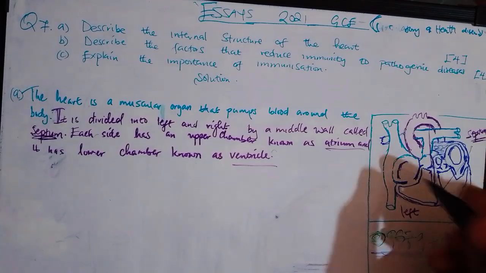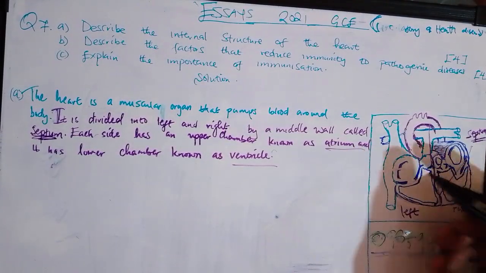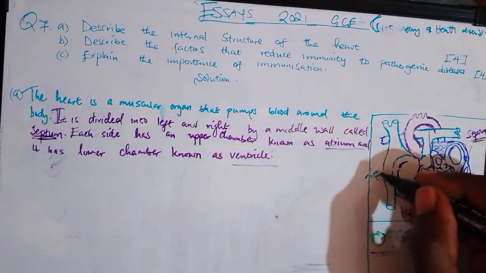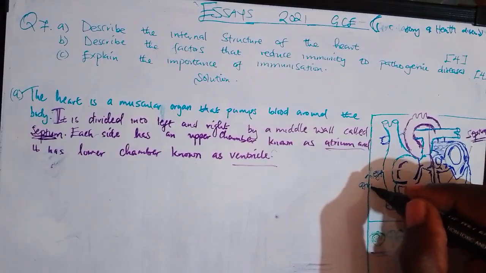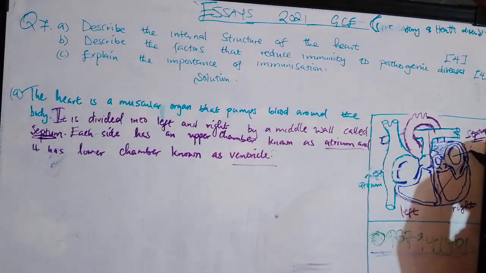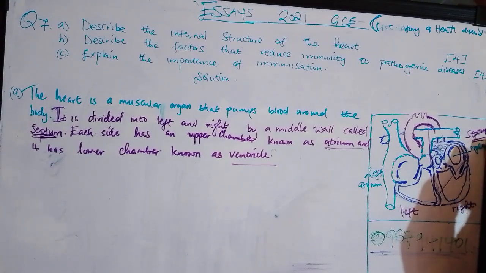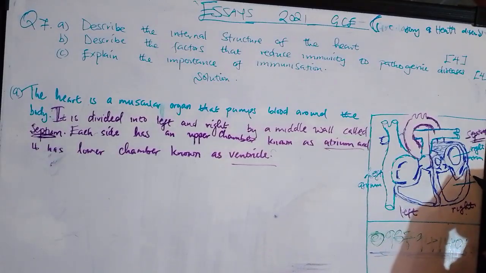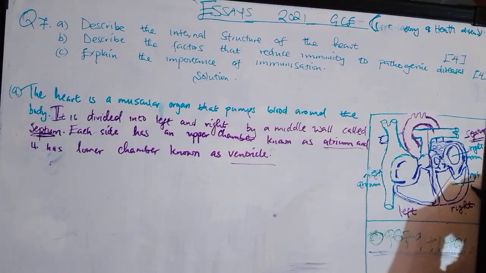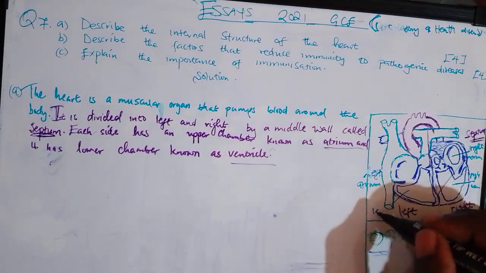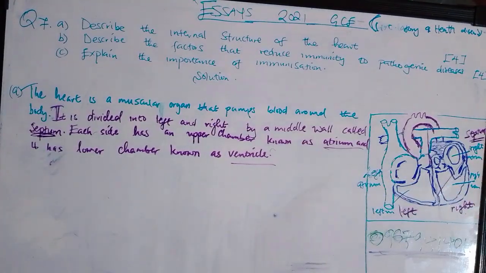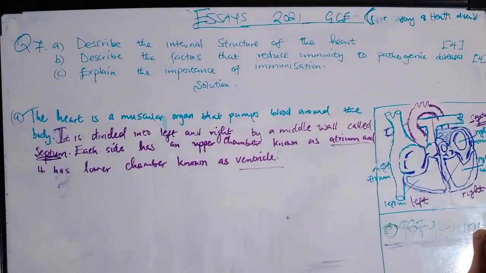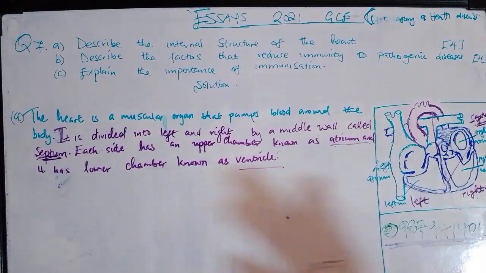The atrium on the left side is known as the left atrium, and the atrium on the right is known as the right atrium. Then we also have the lower chambers, which are the right ventricle and the left ventricle. As you are doing this, you are describing the internal structure of the heart, how the heart looks inside.